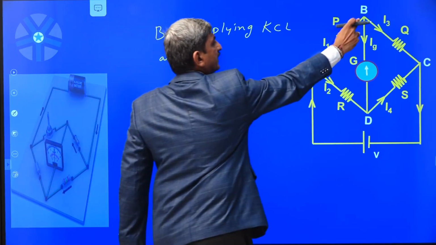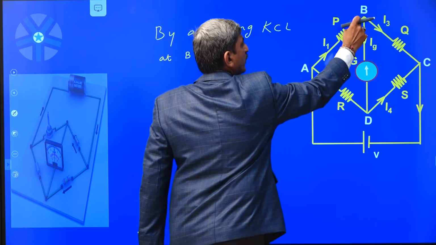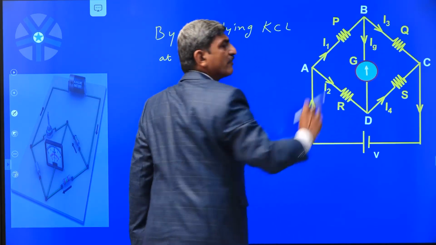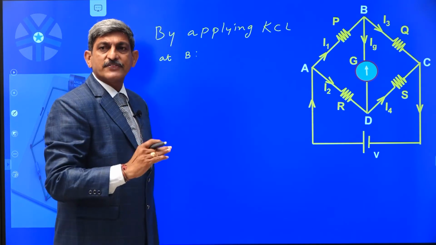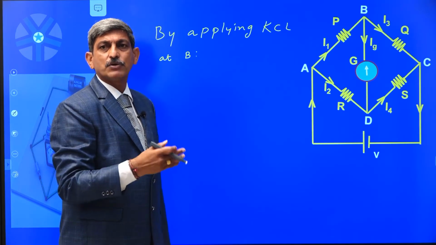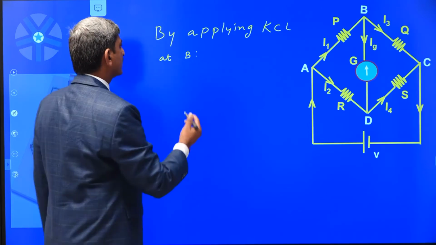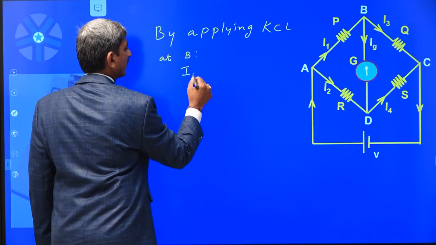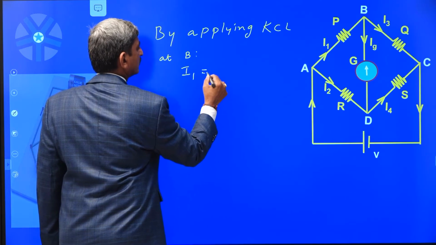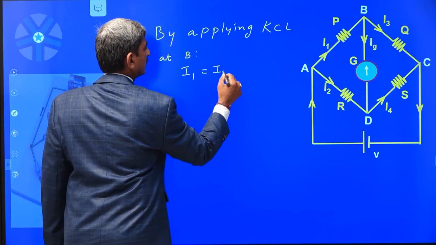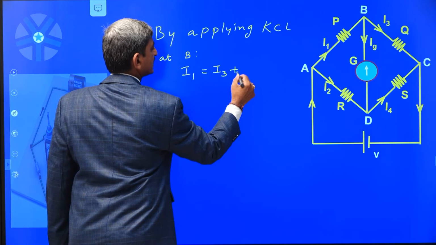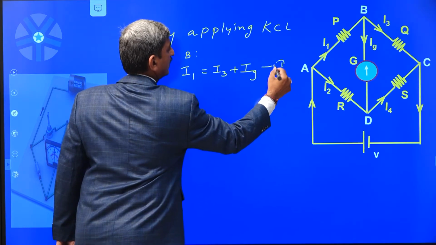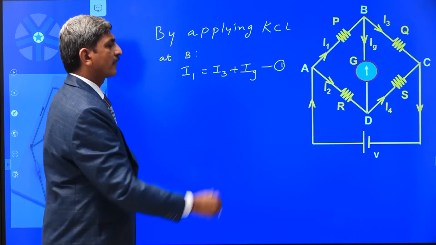At point B, current I1 is flowing into the junction, and currents Ig and I3 are flowing away from the junction, so the sum of the currents flowing towards the junction is equal to the sum of the currents flowing away from the junction. From that we can write I1 is equal to I3 plus Ig. Let it be equation number 1.